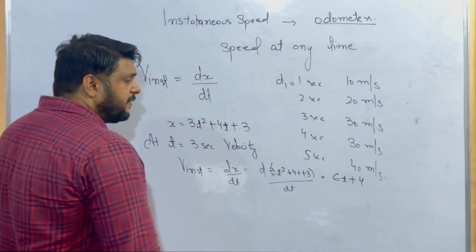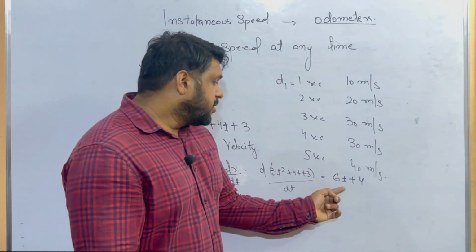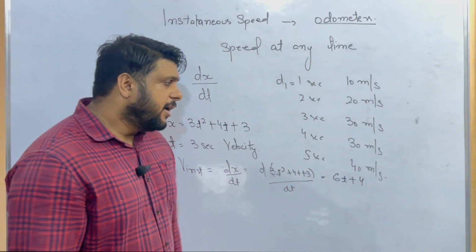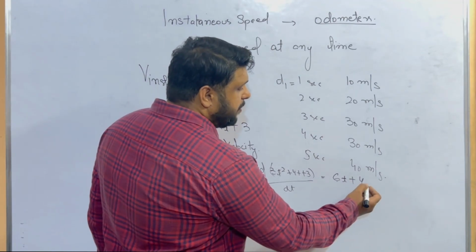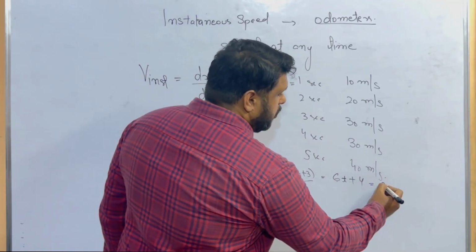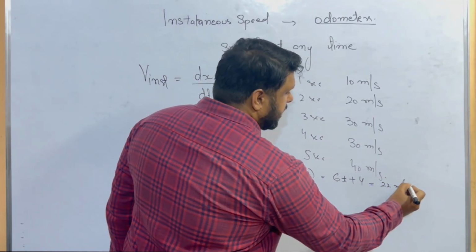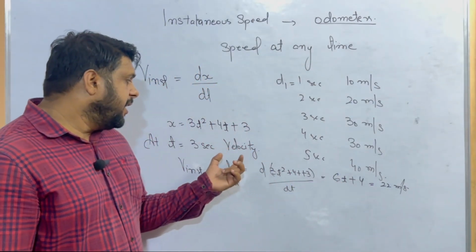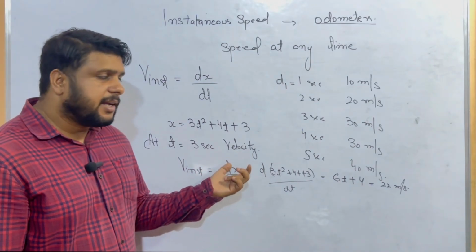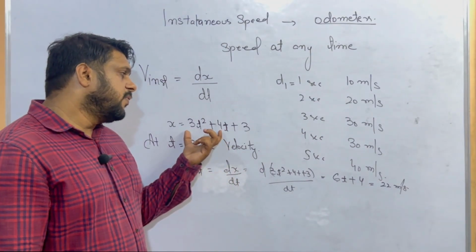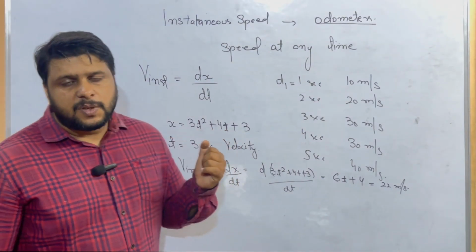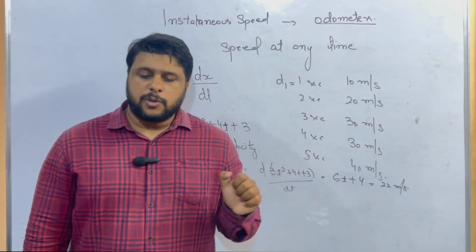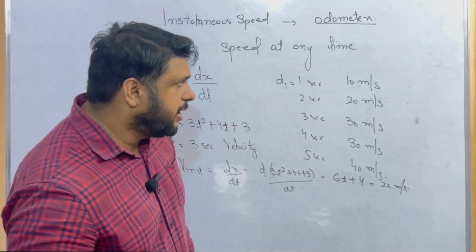Now here we have to find the velocity at 3 seconds. Put the value of t as 3. It will become 6 into 3, 18, plus 4, 22 meter per second. So this is the instantaneous velocity at t is equal to 3 seconds when it is moving with this function. Okay, so this is how we will be finding instantaneous velocity. I hope it is clear to everyone.